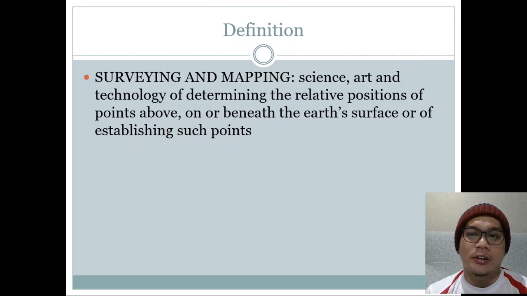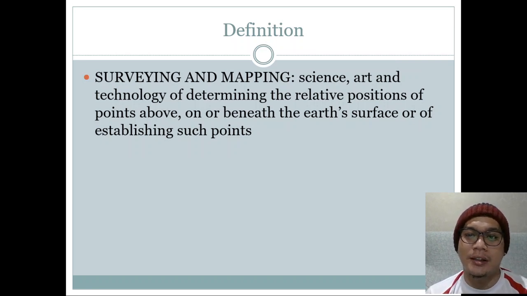And we will try to put it into a graphic, a map, which is an art, and as well as we use new technologies such as drones, satellite images, and cloud applications to determine the relative points.